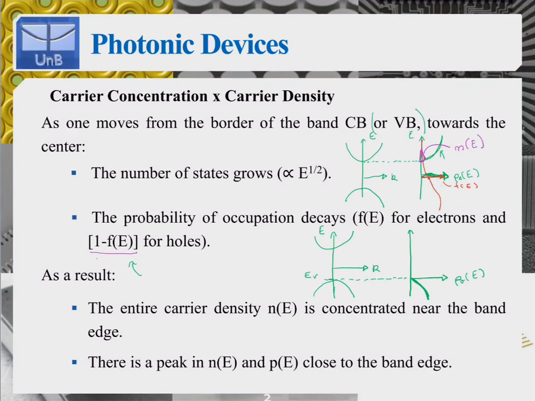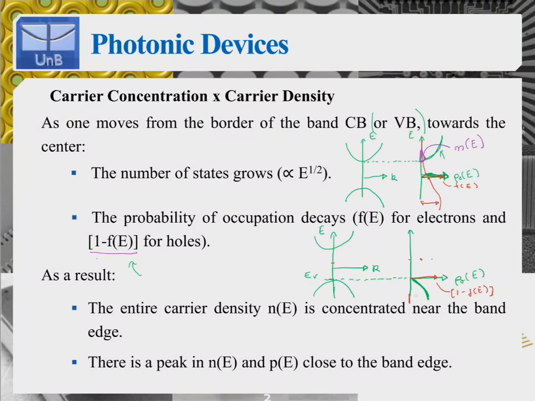So if it's 1 minus this, well, let's see, right here, it would be 1/2, right? And we're drawing the probability of occupation 1 minus f of E now. So the probability of occupation for holes is half right here, and whereas f of E is 1 here, it's going to be 0 here.